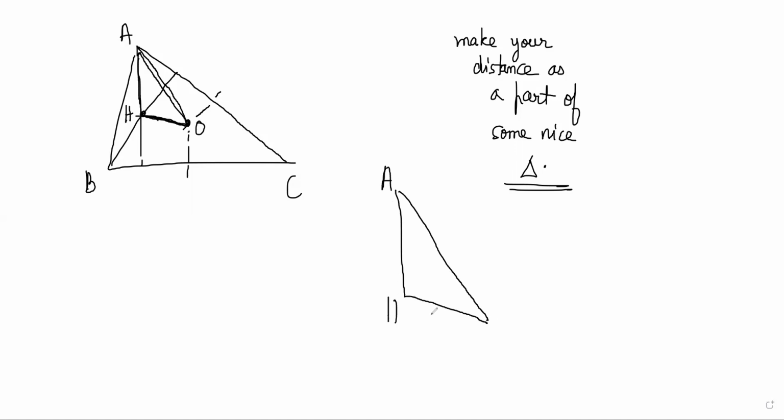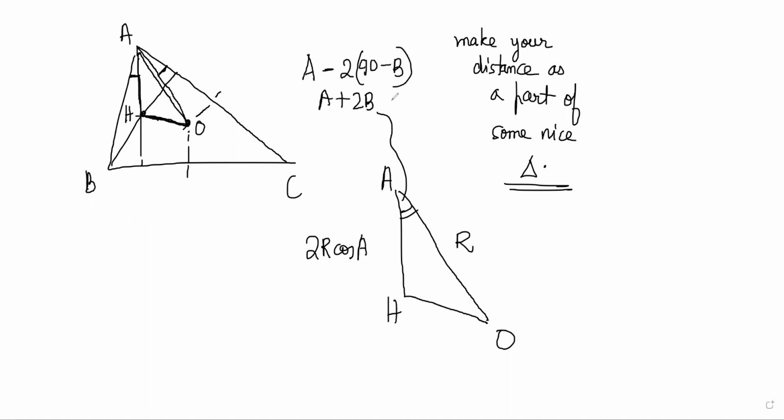You know some stuff about this triangle because OA is R, AH is 2R cos A, and just now we got that this angle is 90 minus B. So this angle will be A plus 2B minus 180, that is A plus 2 times (90 minus B)... it will be A plus 2B minus 180. And 180 you can always write as A plus B plus C. So A and B cancel and this comes out as B minus C.